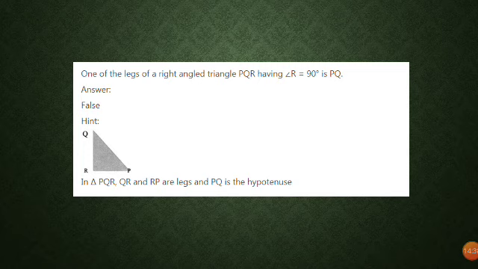So PQ is the hypotenuse. PQ is not a leg, so that is false. Okay, understood?